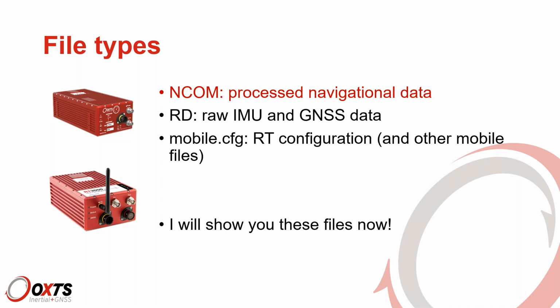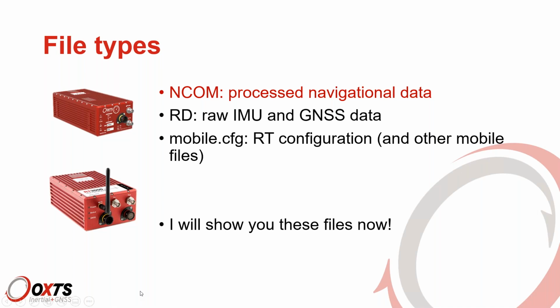And it's only in the NCOM stream that the measurements come from the combination of the sensors, whereas the RD file contains the raw data from the sensors separately. The NCOM, this processed navigational data, is the measurements with the higher accuracy which you will want.